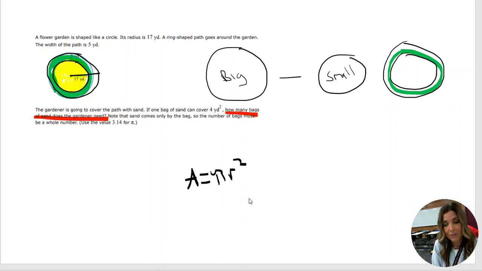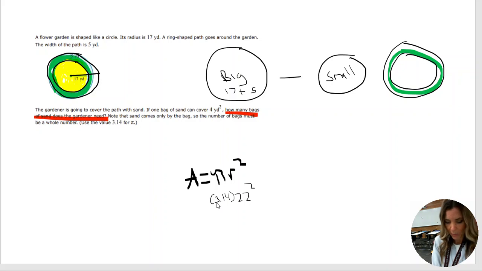So we need to use the radius of 17 plus 5, which is 22. Okay, so 22 squared times pi, which is 3.14.